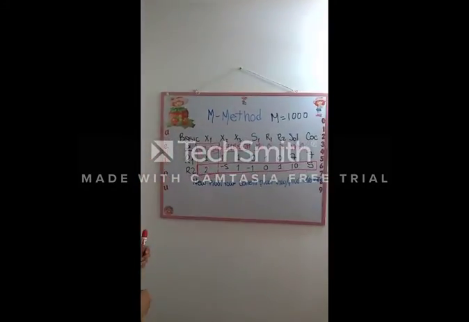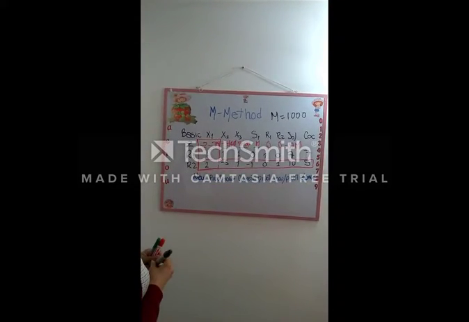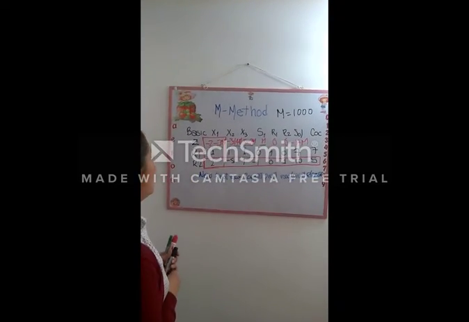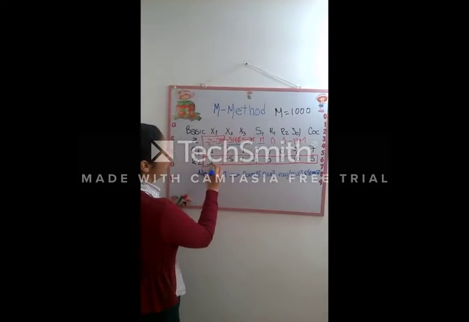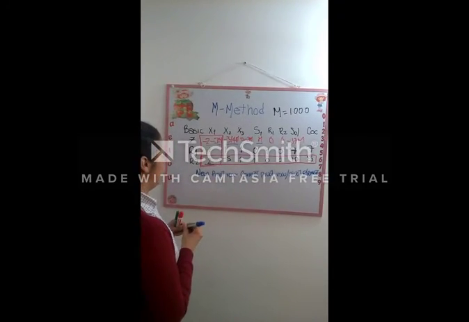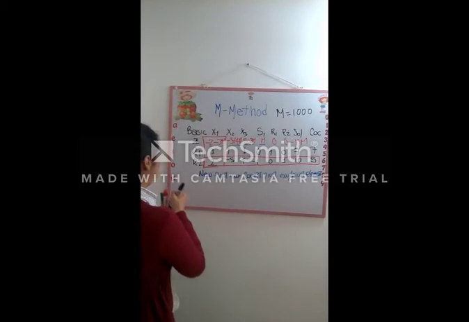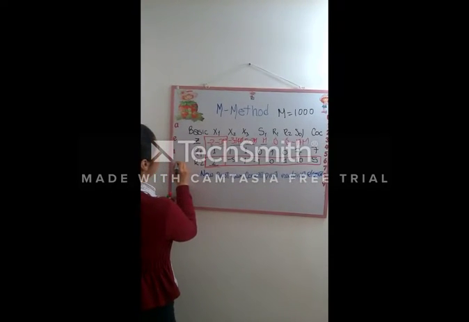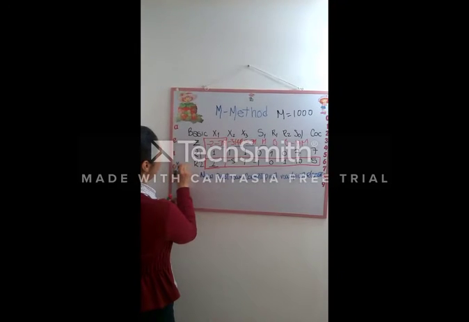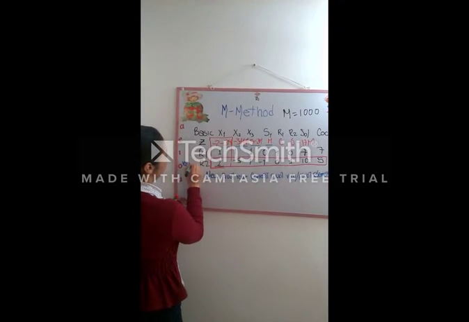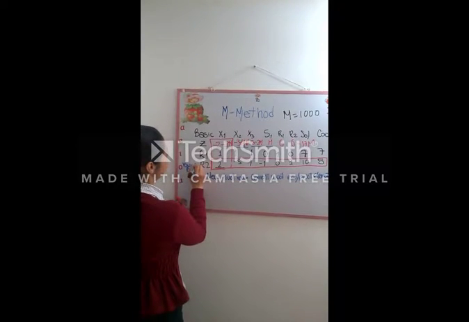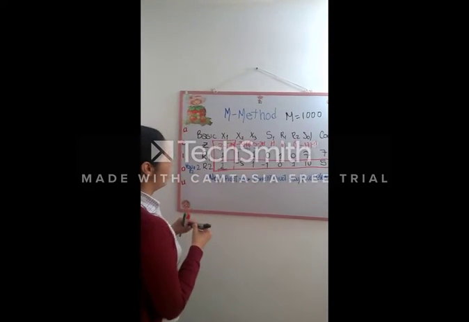The pivot element is 2. So row R2 multiplicate 1 un medio.